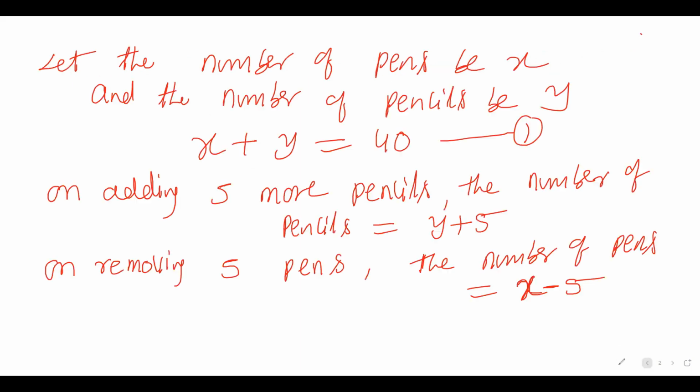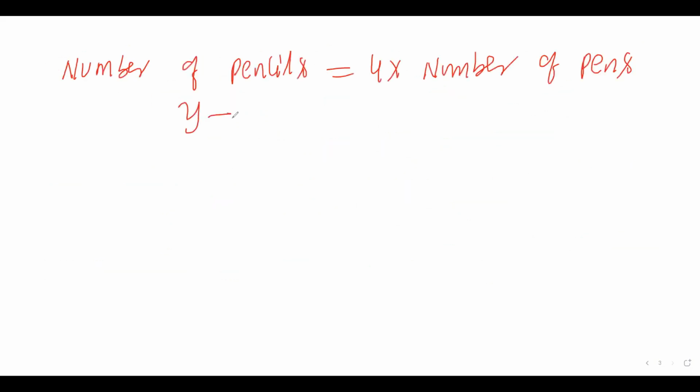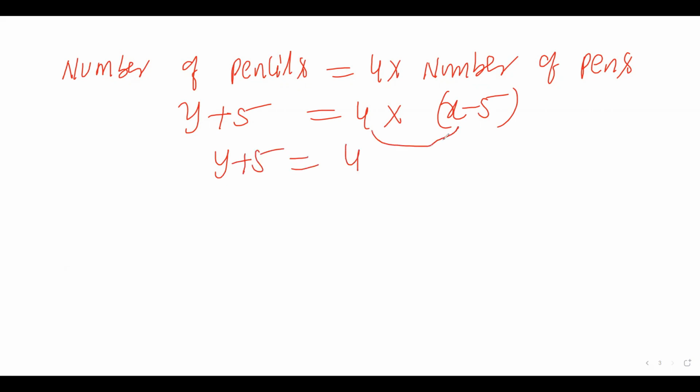Number of pencils are now y plus 5. Number of pens are x minus 5. Y plus 5 is equal to 4 times x minus 5. Y plus 5 is equal to 4 into x, 4x, 4 5s are 20.